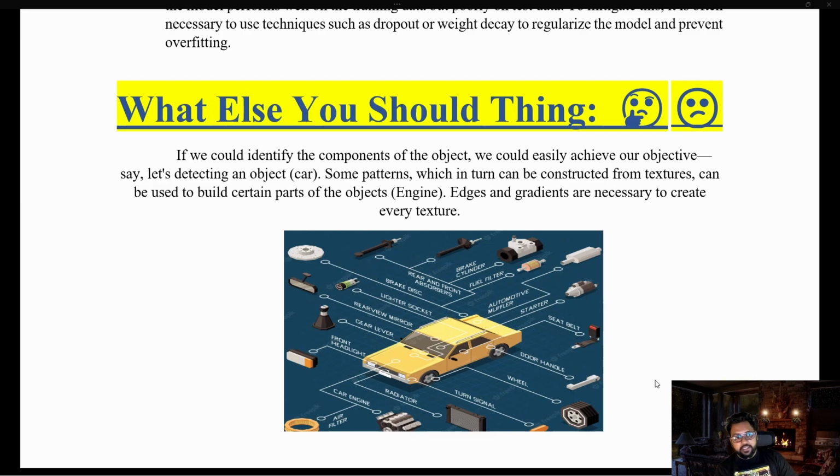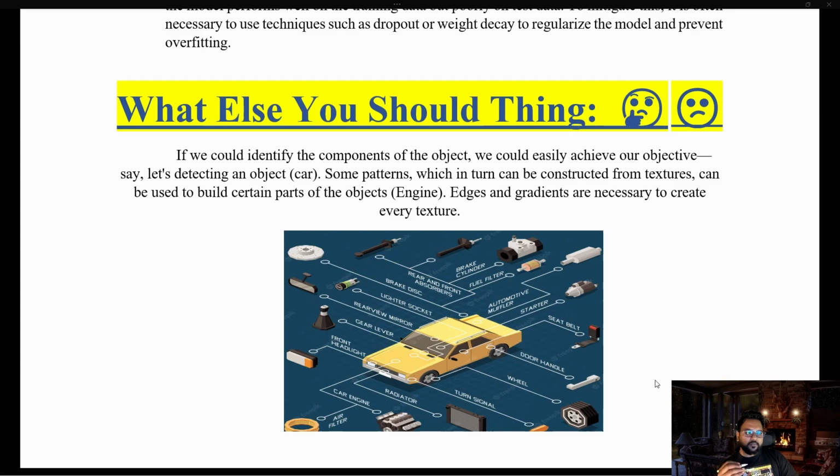Similarly, if I give one more example of a tire, if I understand how a tire looks like, then I can tell this is a tire. I need to identify that it's a tire. For that, I need certain features to be extracted in the tire, right?